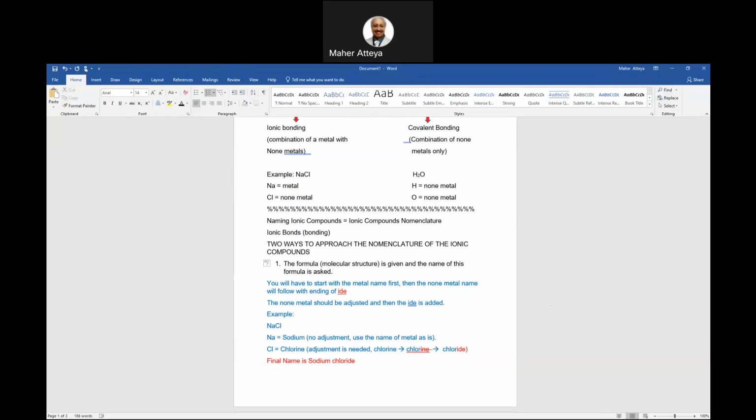Zoom and Teams do have whiteboards. Webex took them out. I don't know why, but in the past Webex did have the whiteboard, but now our whiteboard is made up of Microsoft Word and our own typing. If there were a whiteboard, it would be very nice to write on with the stylus. Anyway, this is the first thing here.